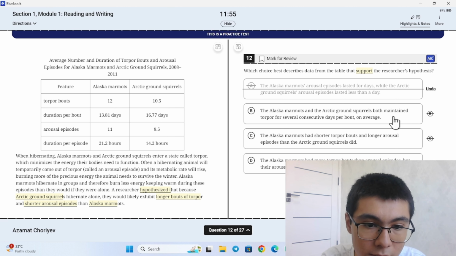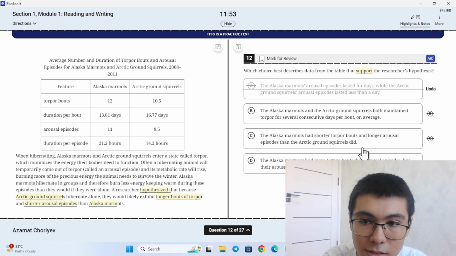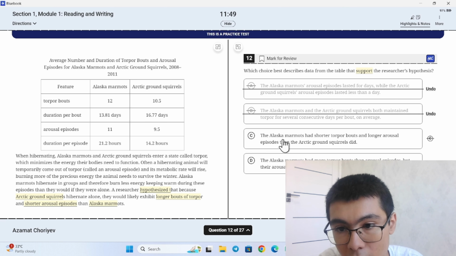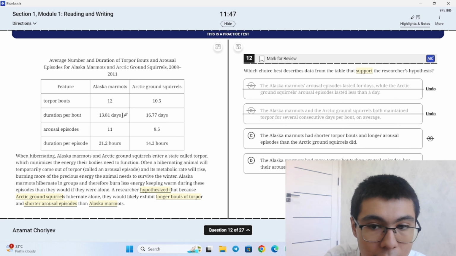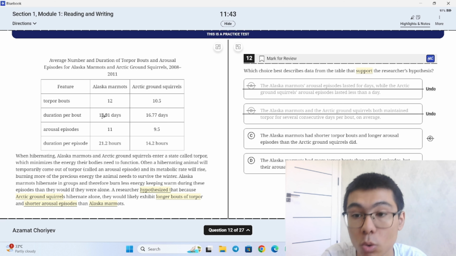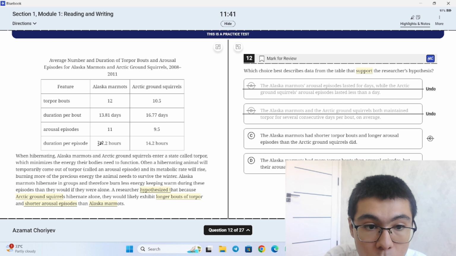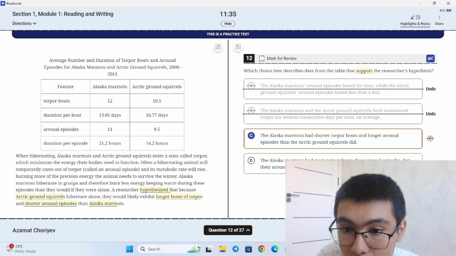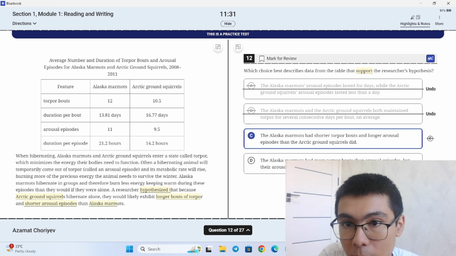We want to support this. We want to compare those times, but here it's not comparing those times. Alaska marmots had shorter torpor. Yes, 13 is shorter and 21 hours is longer than 14. So C is correct. Let's have a look at C. No, we don't care about the numbers.